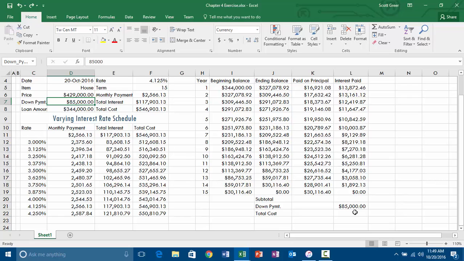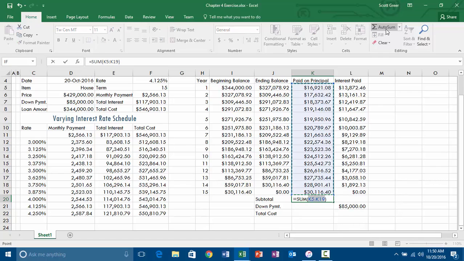On total cost, let's see here. We're going to type subtotal. We want to do sums on both of these. So on subtotal, let's auto sum the paid on principal. Let's auto sum the interest paid.